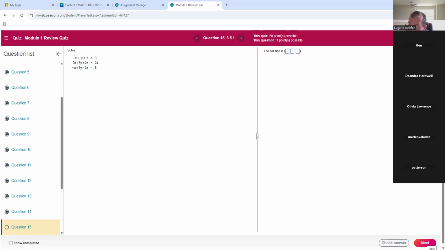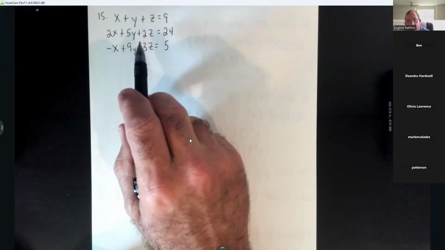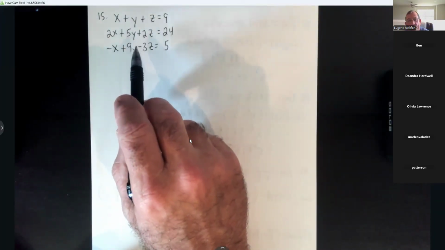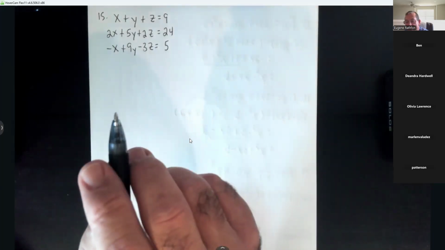And then negative x plus 9y minus 3z equals 5. All righty. So, system of equations with three variables.